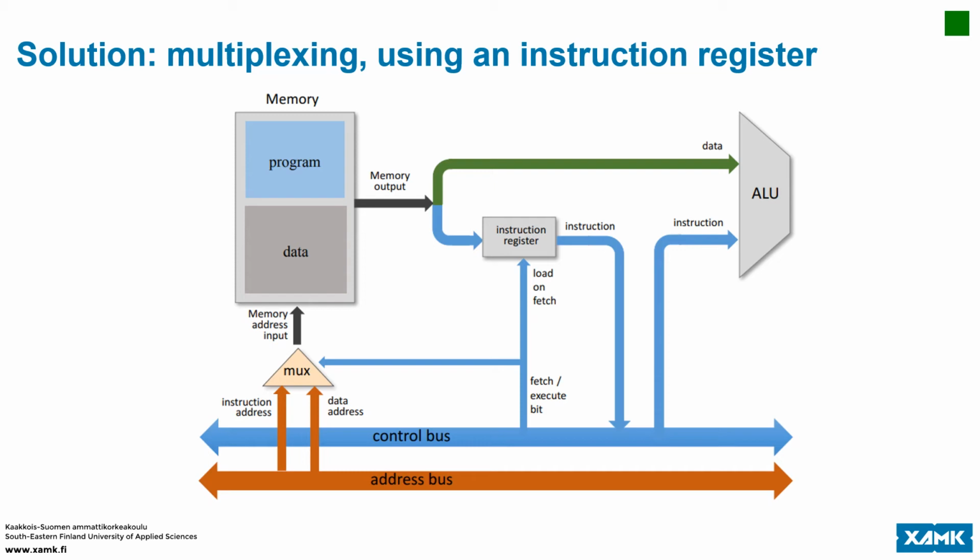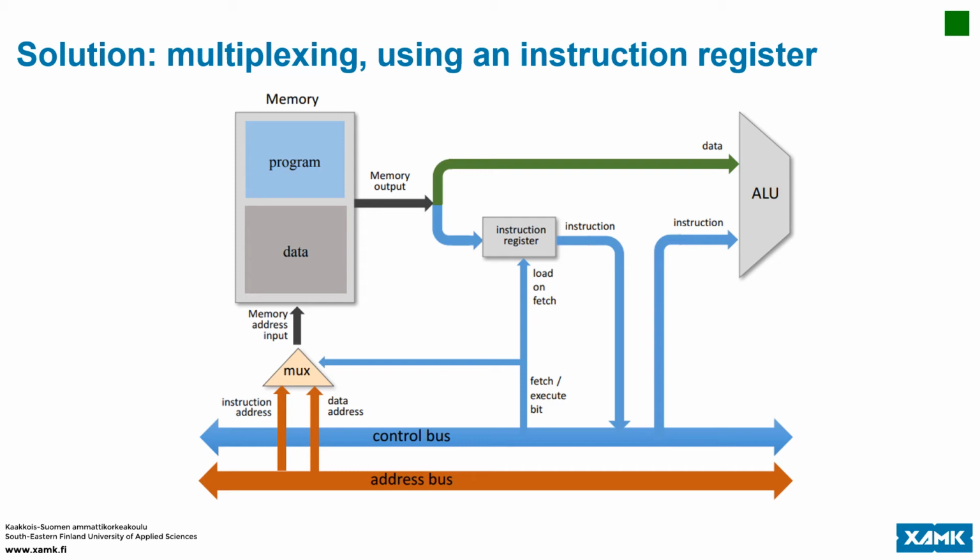The fetch execute bit also controls another component, the multiplexer, or MUX for short. If you remember from Boolean arithmetic and logic gates, a multiplexer is a selection device that, given a value of a control bit, selects between two inputs.